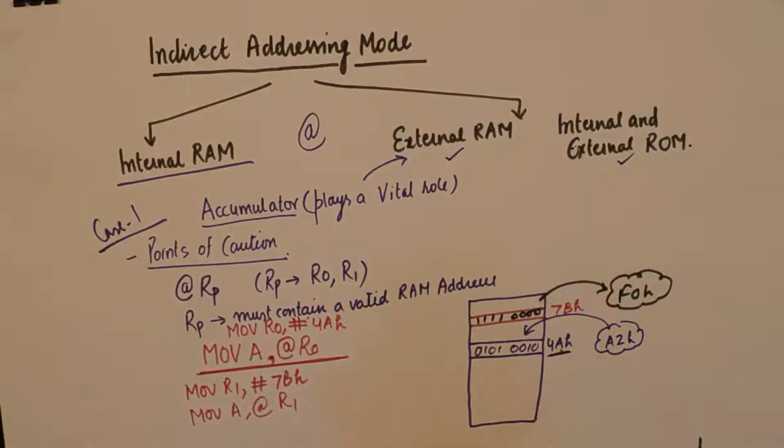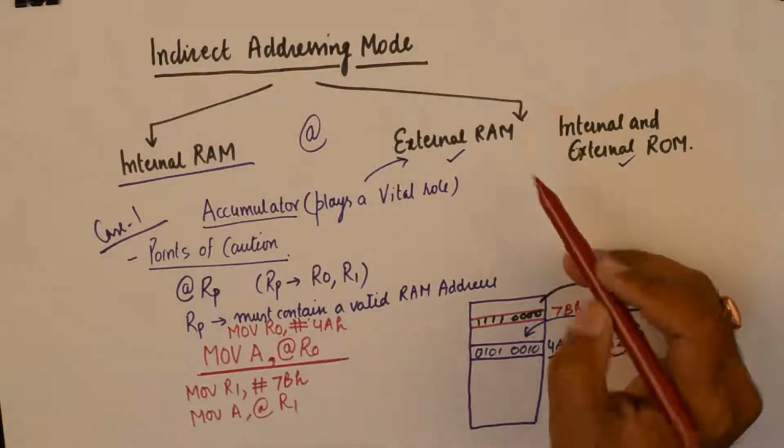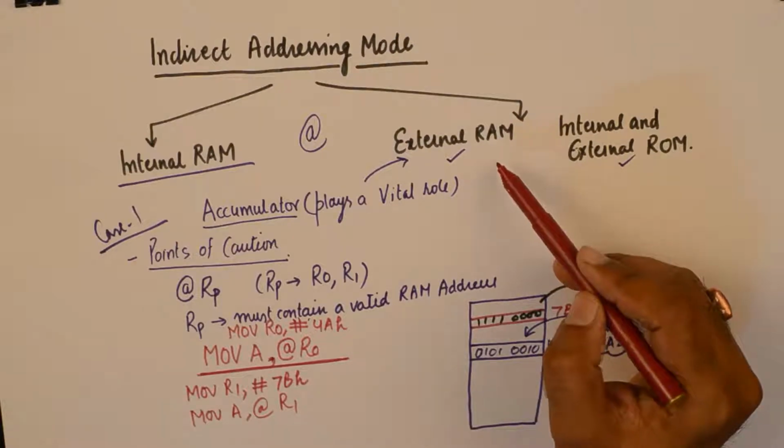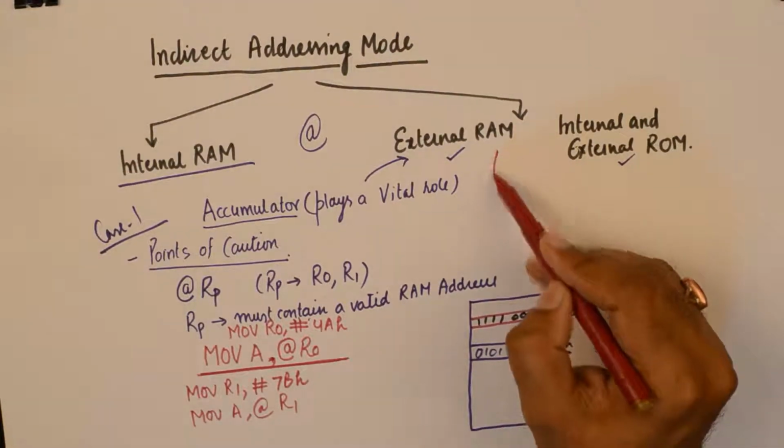Now why is this so important to understand the working of this @ sign? Because all the external moves can be classified only into two categories. The first category can be we could send or receive.